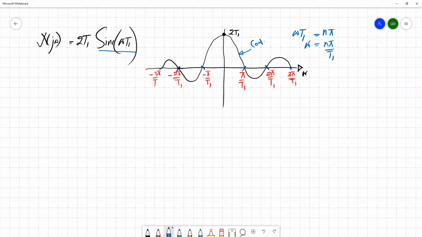But in this case, omega is a continuous variable, so you will end up with a continuous spectrum. So this is your Fourier transform magnitude spectrum. So this is the pulse which we refer to here.